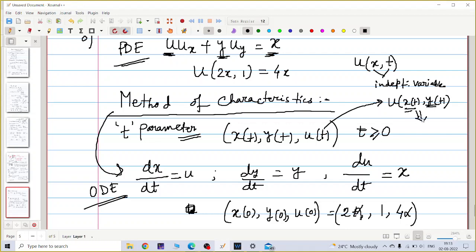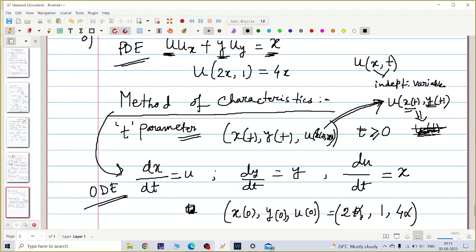Actually, you are absolutely correct. Let me erase this. I will write u of x(t), y(t) here, otherwise it may cause some confusion. You are right, Biplab. You are excellent. So no need to write this line.